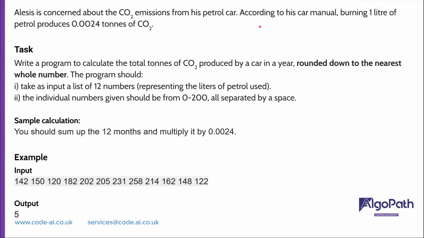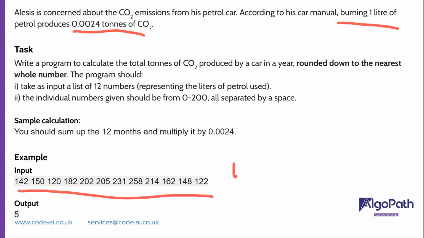And the main information that we're given is that it burns 1 litre of petrol. When it burns 1 litre of petrol, it uses 0.0024 tons of CO2. And essentially, all we want to do in this code is we want to enter lots of different values, to be precise, the 12 months that we've been using our car.